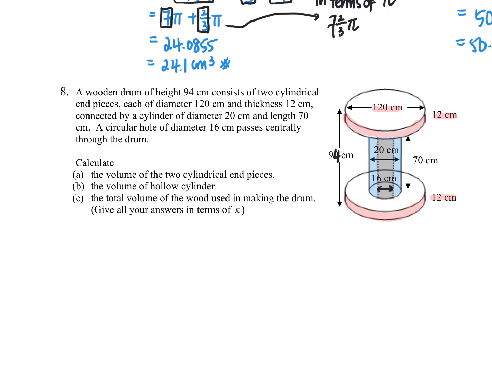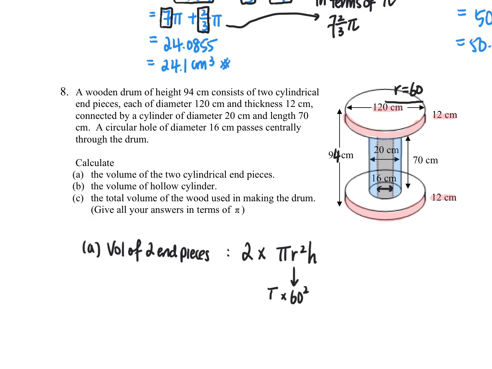Okay, so calculate the volume of the two cylindrical end pieces. So this one, no problem. Volume of the two end pieces. So it's just two of the cylinder. Cylinder is pi r square h, two of it. So first thing first, I need the radius here, which is 60. So I put in 60.